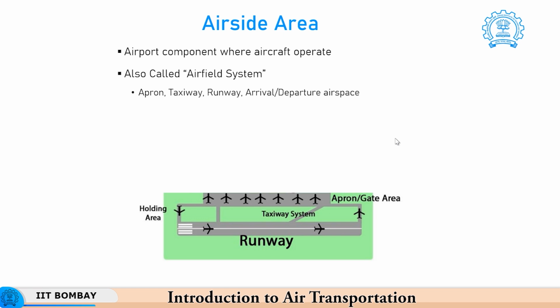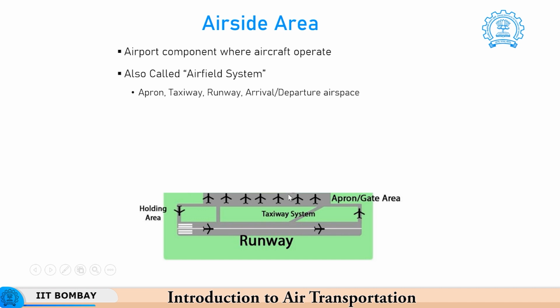We will explain in detail what is meant by all these components of an airport. For example, an apron shown here is the location where the aircraft is parked as it is ready to receive the passengers before takeoff, or where it delivers the passengers after landing. Taxiway is the link between the apron and the runway.